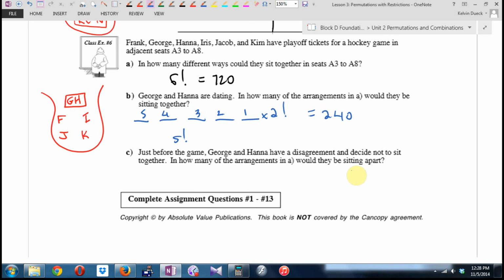Not divide, subtract. That's going to be another trick. We're going to fairly often find it's far too tough to solve a question directly. It's much easier to find it not happening and subtract. It's going to be... equals what? I can do this in my head. 480, right?